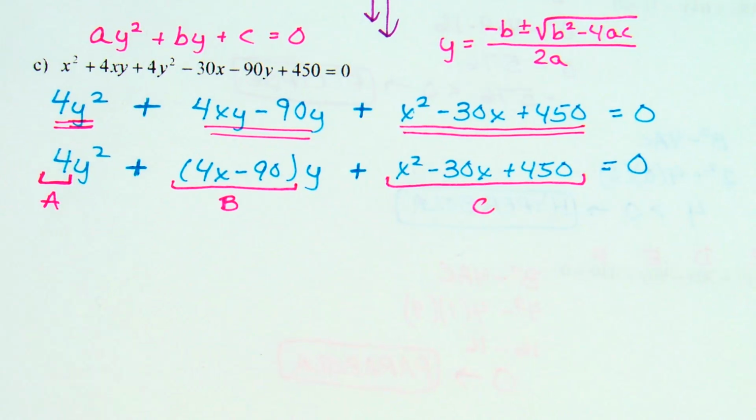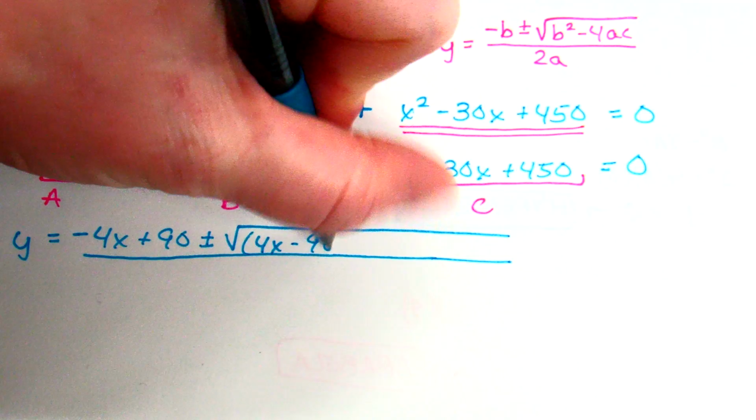So there's your visual. 4x times 4x is 16x squared. Negative 360x, and another negative 360x is going to be negative 720x. Times minus 90 times minus 90, which is plus 8100.